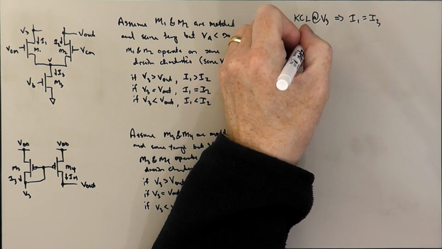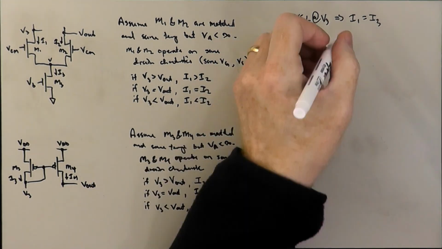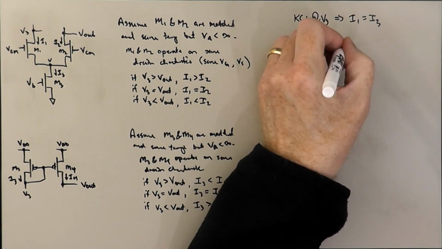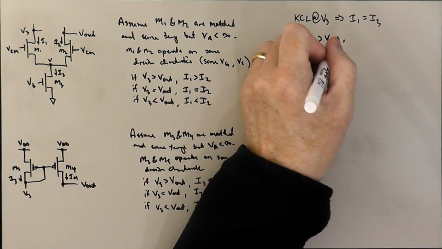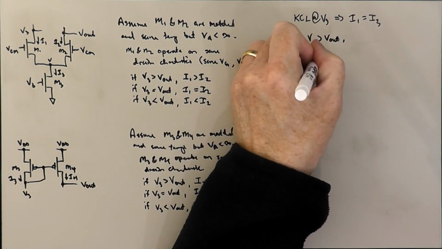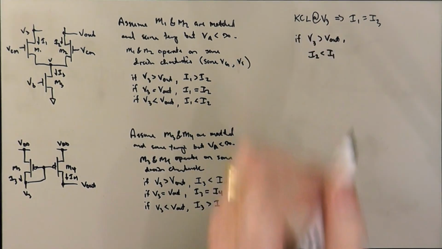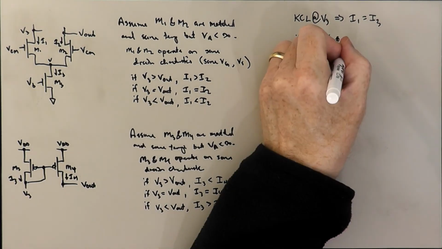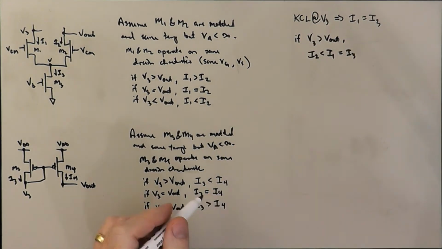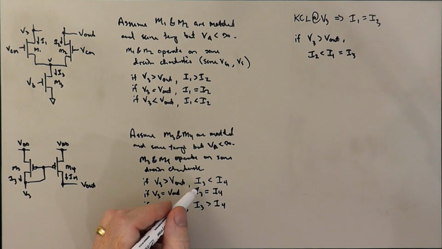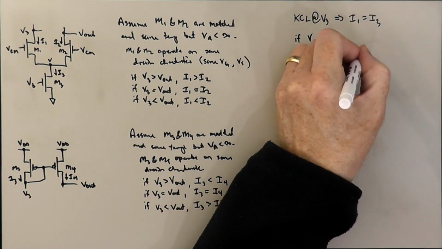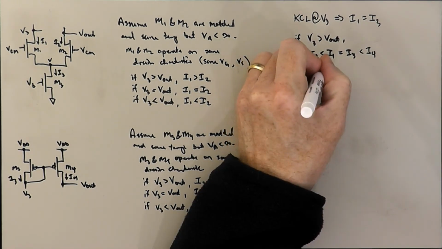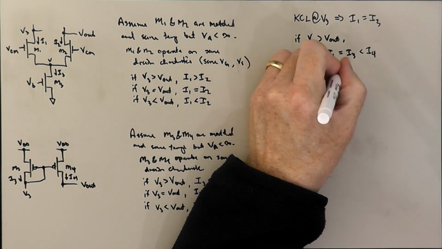If, let's say, V3 is greater than V out, then we have I2 is less than I1. Okay, that's just flipping this around. And that's equal to I3, which is in turn less than I4. Right? So that implies that I2 will be less than I4.